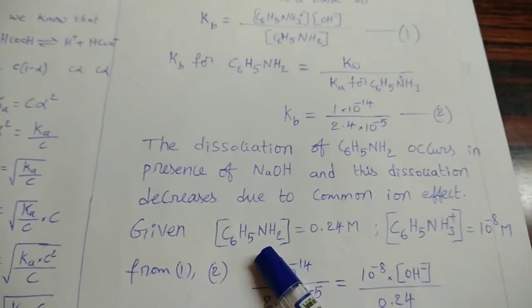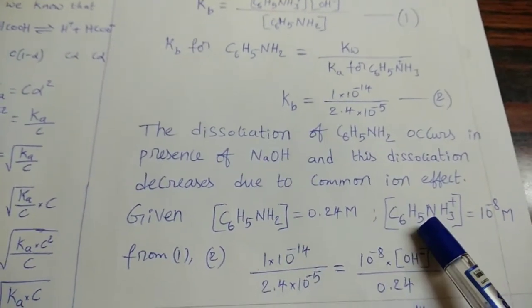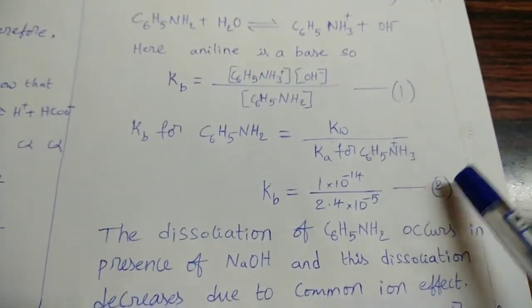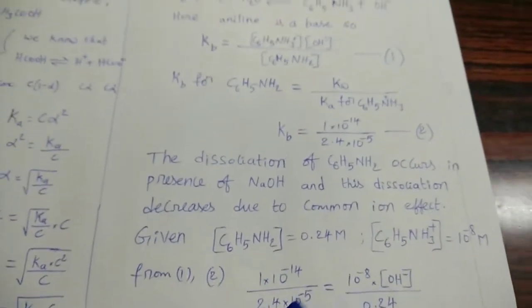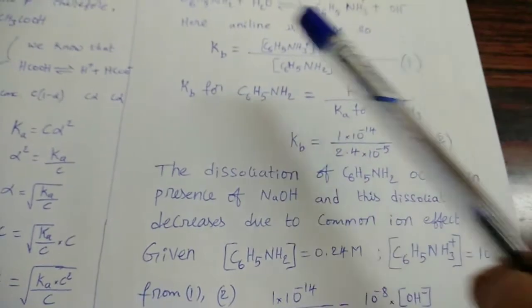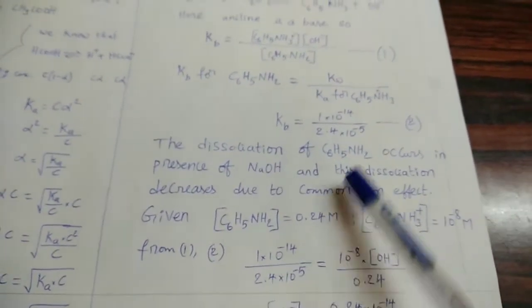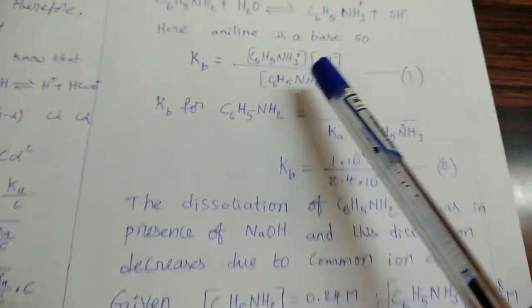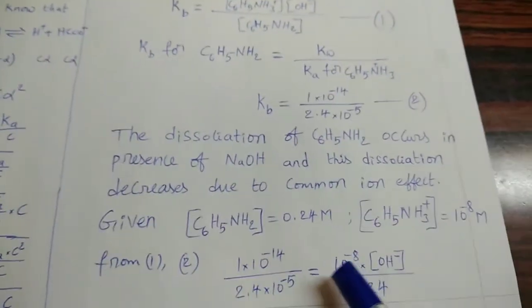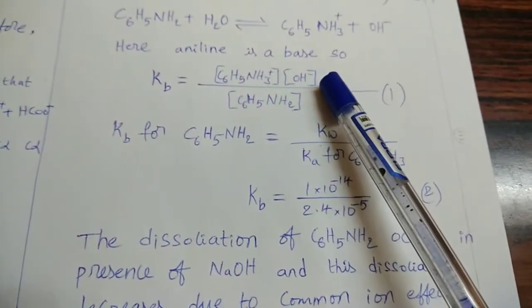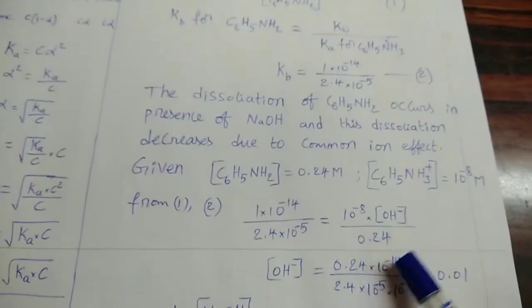So given aniline concentration is this one, anilinium ion concentration this one. From equation 1 and 2 we can write this. Equalize these two: left side Kb, right side terms. Then this term is equal to anilinium ion concentration, 10 power minus 8, into OH minus ion concentration divided by aniline concentration.